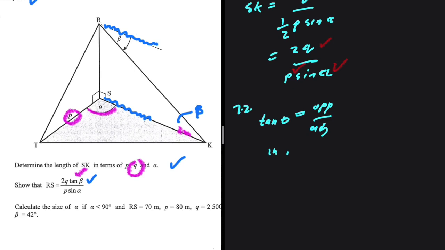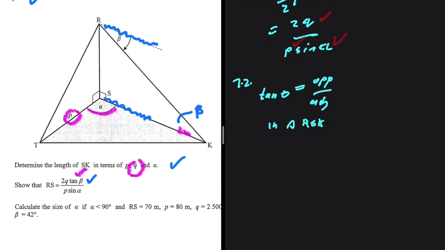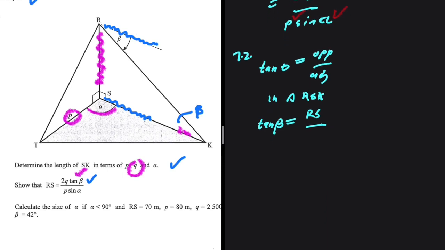In triangle RSK, tan of beta is equal to the opposite, which is RS, divided by the adjacent, which is SK. If we cross multiply, we get RS equal to SK multiplied by tan of beta.